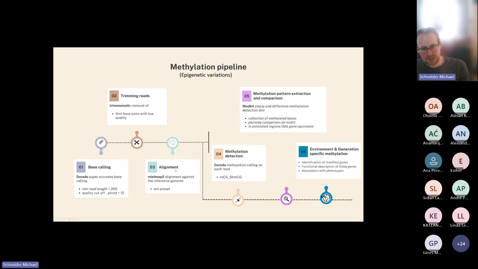Everything remains similar until the alignment, but afterwards we run some methylation detection, and we extract these patterns for regions which are usually annotated to a gene. The majority of the methylation happens either in front of or behind a gene, and these regions we target, and then you can compare environments or generations specific to these methylation patterns.